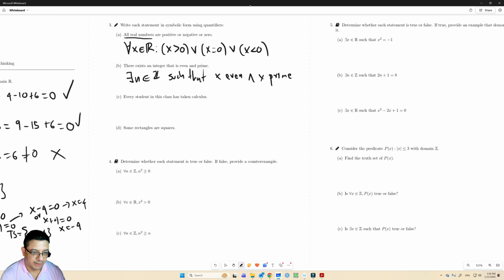Now, every student in this class has taken calculus. So we can say for all s that belongs to S, where S is the set of students of this class, and so we can say s has taken calculus.